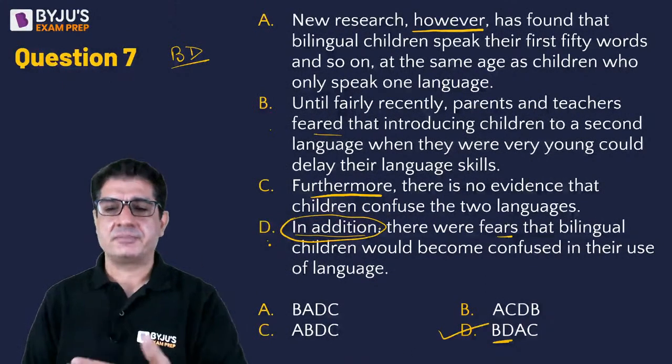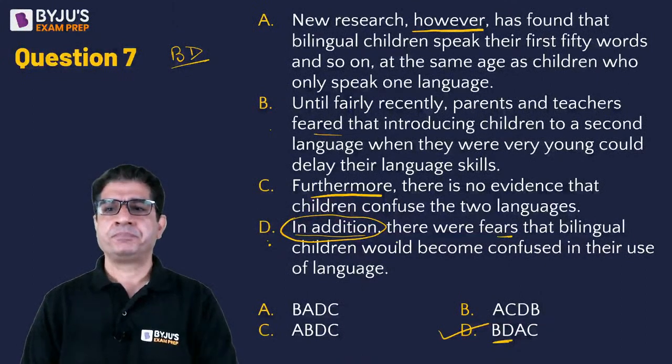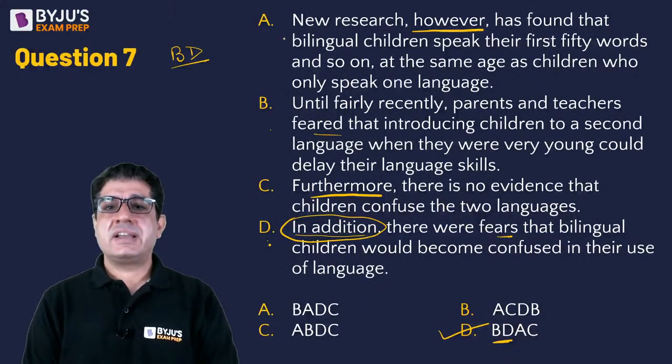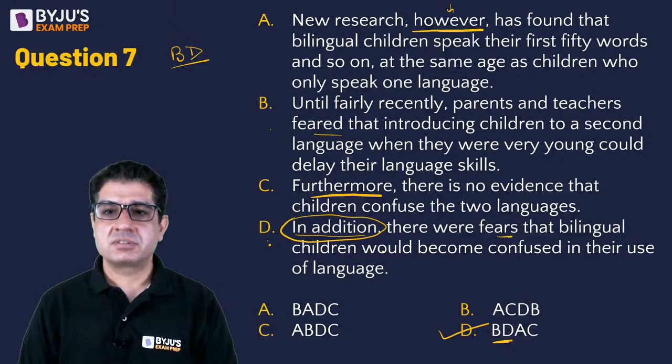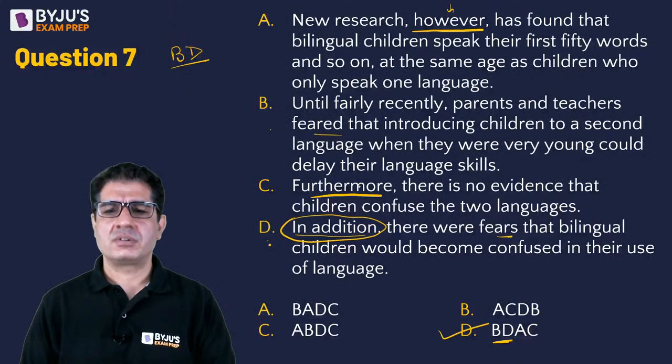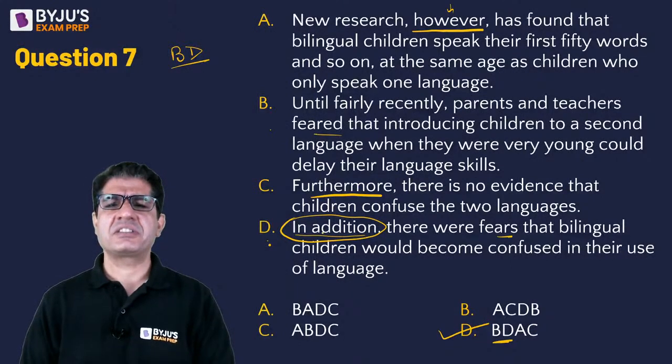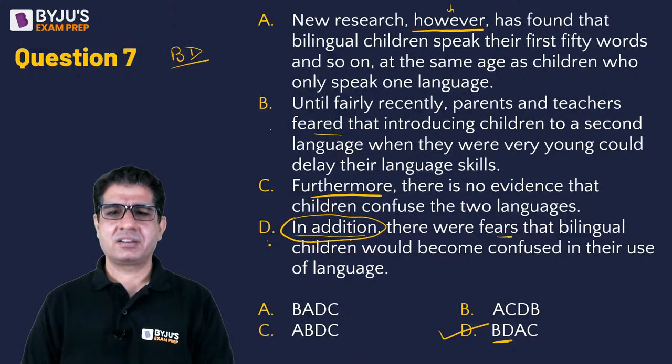But even then, if you move further, A starts with however. So we have this fear that they'd become confused. But what does A tell you? That the fears are basically unjustified, right?